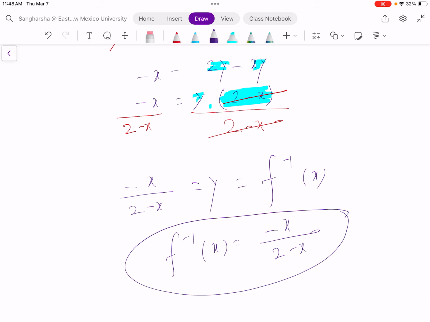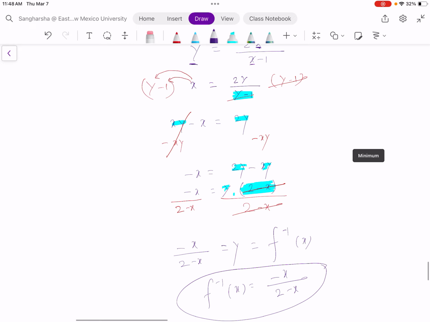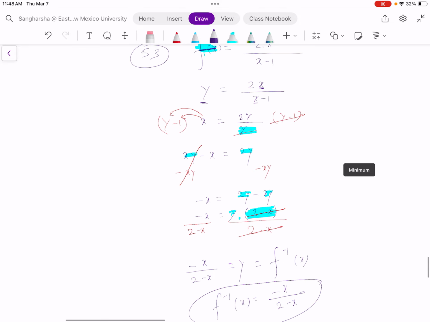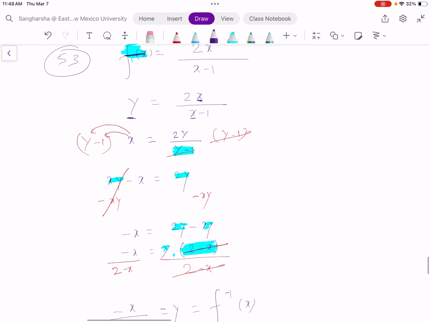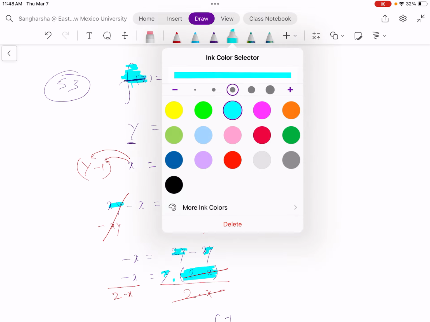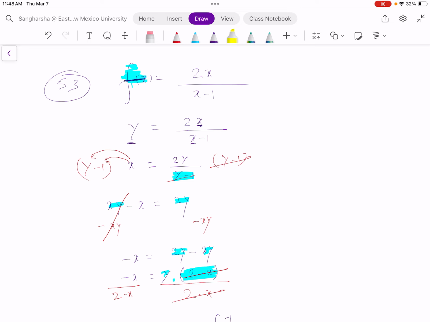You will have a problem where you will be asked to find the inverse. So the very first step is that you replace your f of x by y.